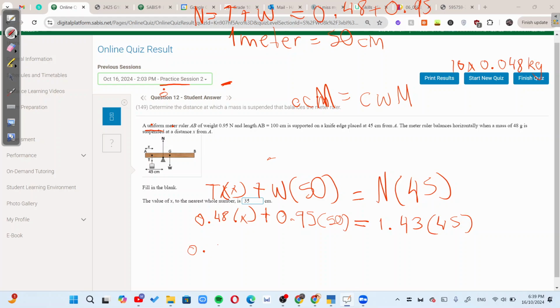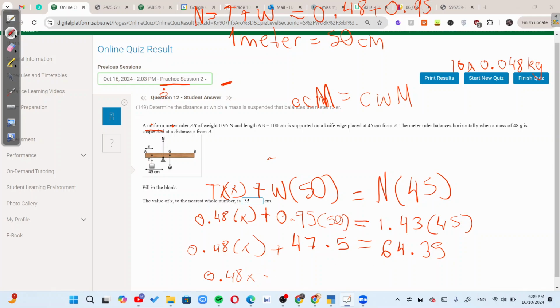So 0.48x plus 0.95 times 50 is 47.5 equals, we solve this and find out it's 64.35, and then we get 0.48x.